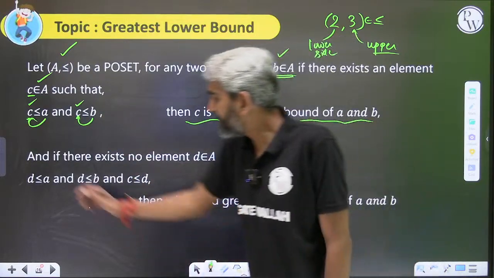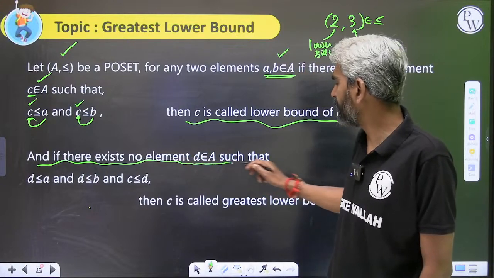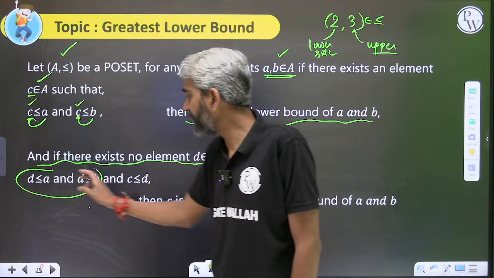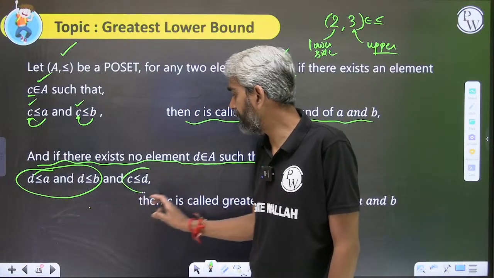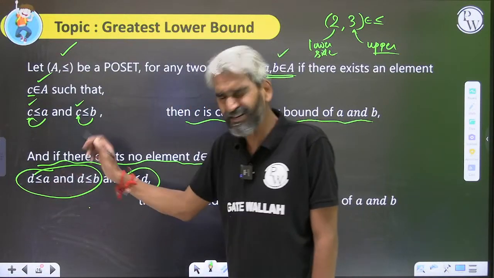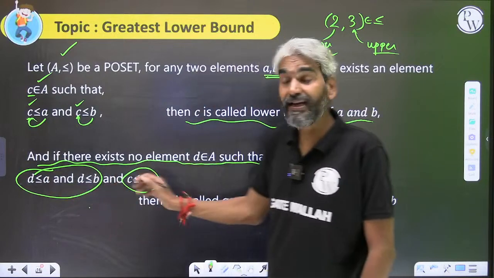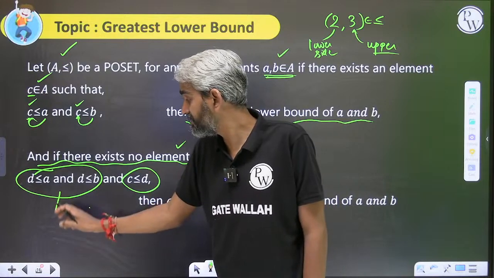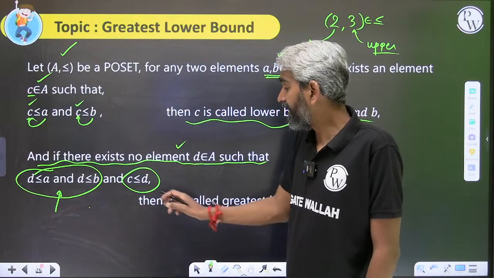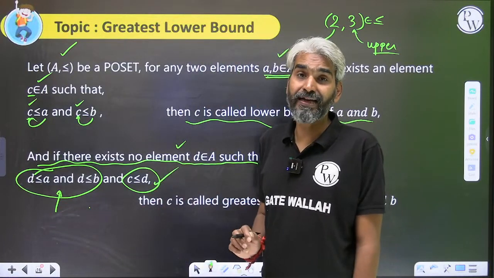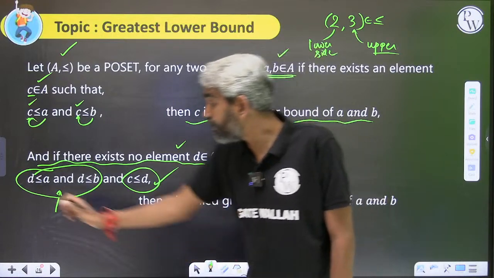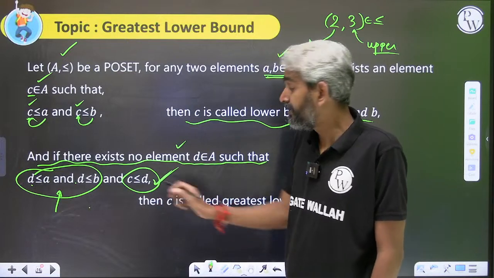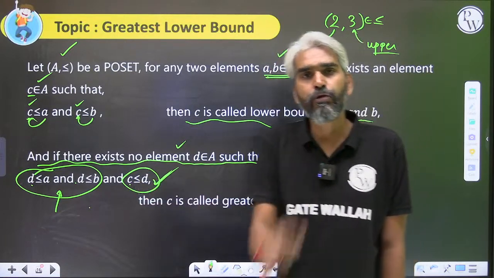So, if there does not exist any element D belonging to set A such that D is at the lower side of A and B and D is at the upper side of C, then there will be no other lower bound D of A and B which is greater than C. Then C will become greatest of all the lower bounds.